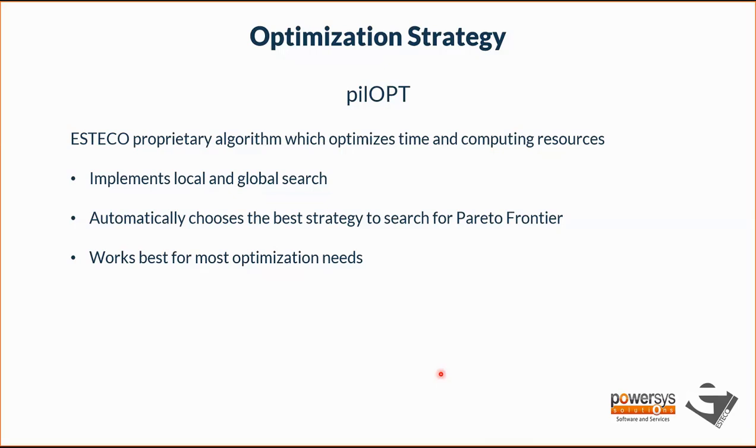It switches between local and global search as required in order to get to the Pareto frontier as efficiently as possible. And it does not need a lot of fine-tuning by the user. It works for most of your optimization needs. So for anyone who is new to the optimization world, they can easily choose pilOPT and try it out on their problem.